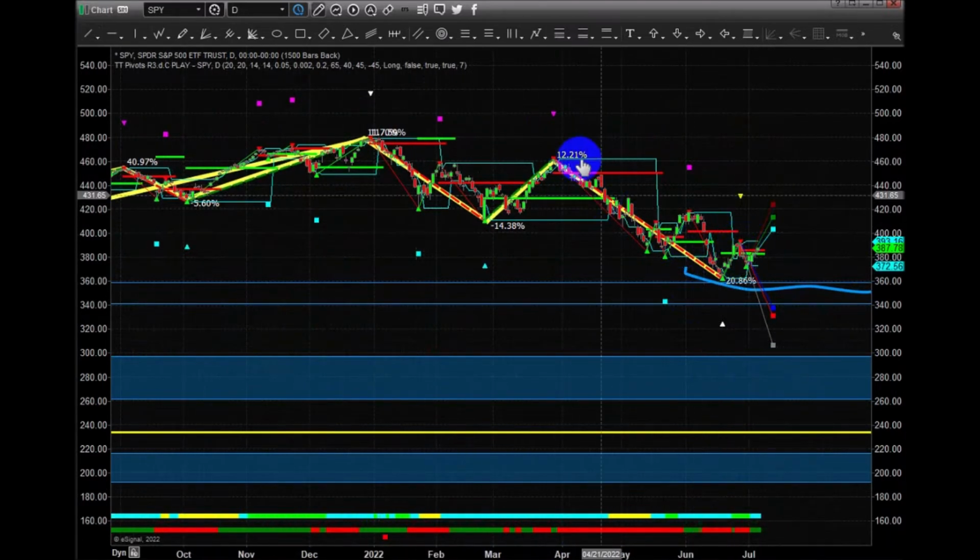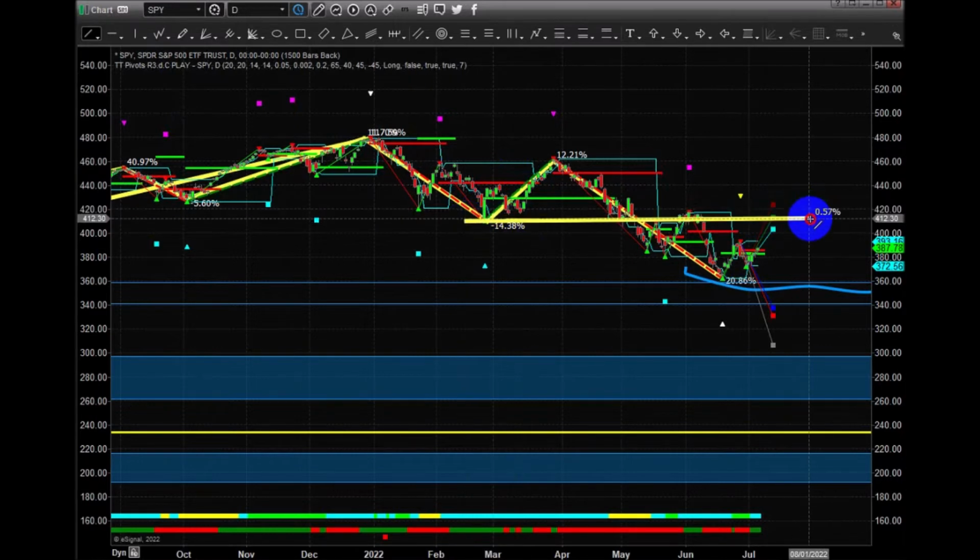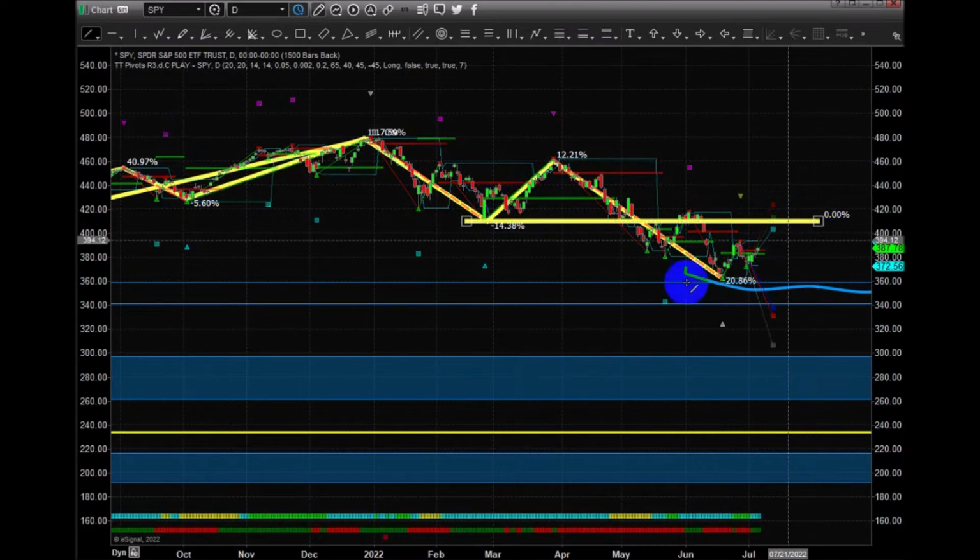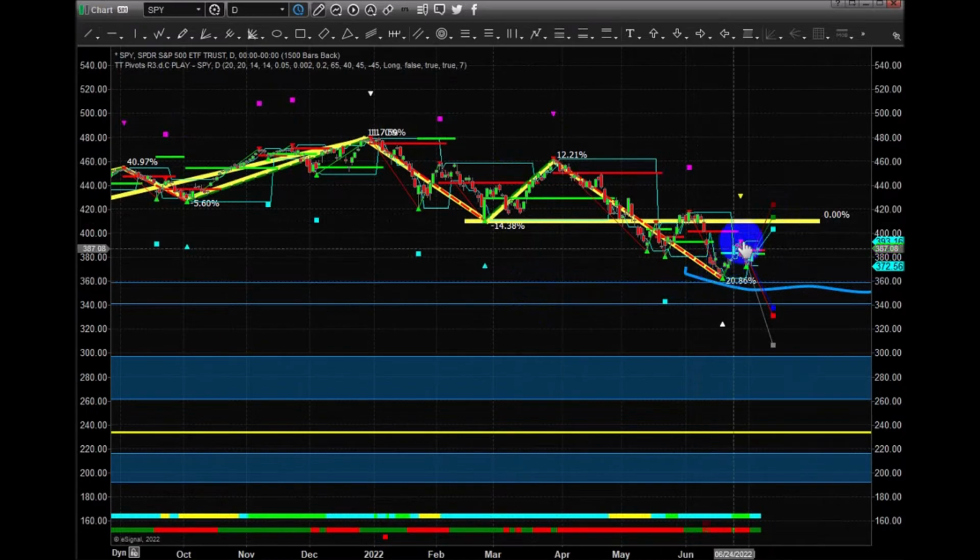Now this C wave must stay below this level here. So understand that any type of upward movement in the markets right now must stay below this level in Fibonacci theory. So we need to see the markets stall here and move lower, or rally back above this level, which would be the end of the wave.